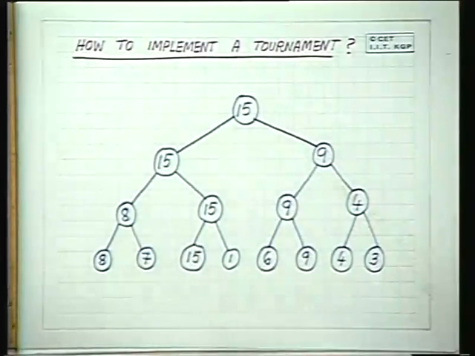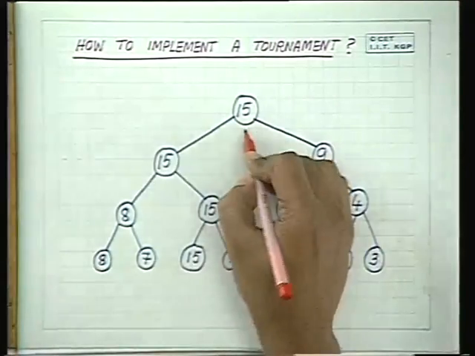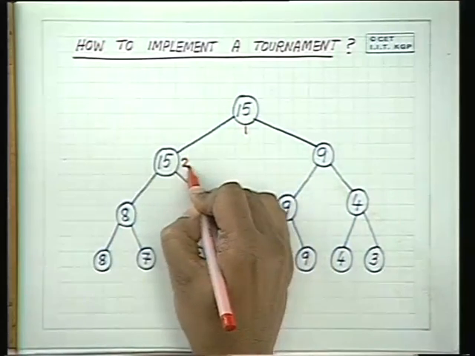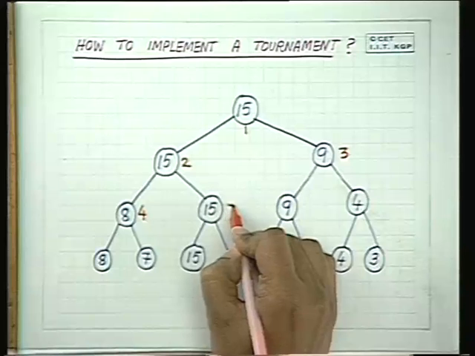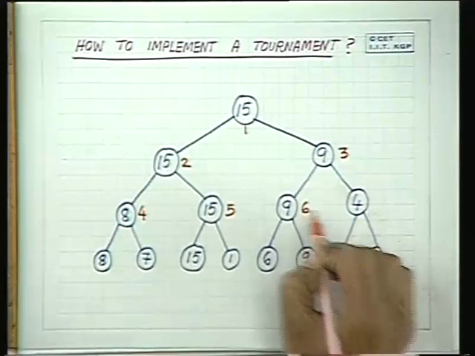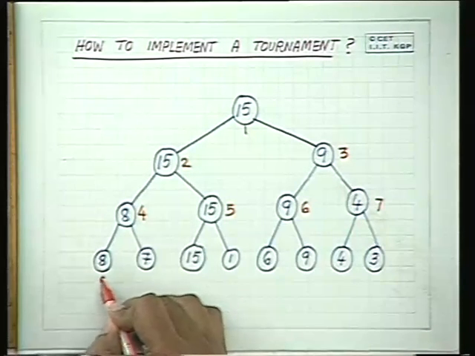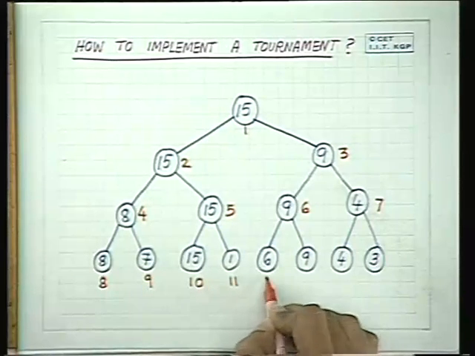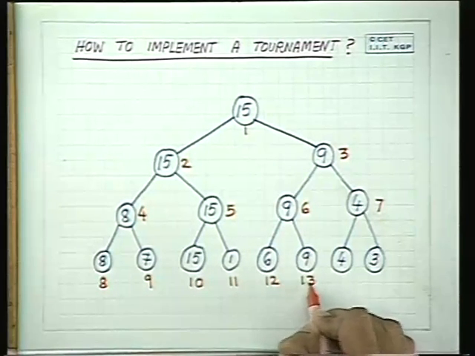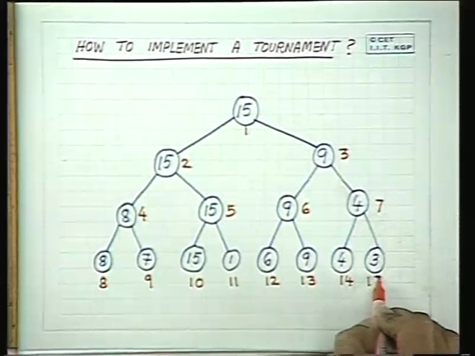But if you have some idea about numbering, then you will see, suppose I did a numbering like this: 1, 2, 3, 4, 5, 6, 7, 8, 9, 10, 11, 12, 13, 14, 15.